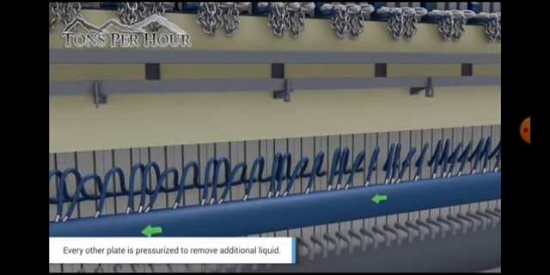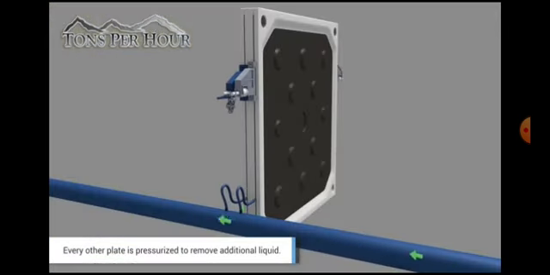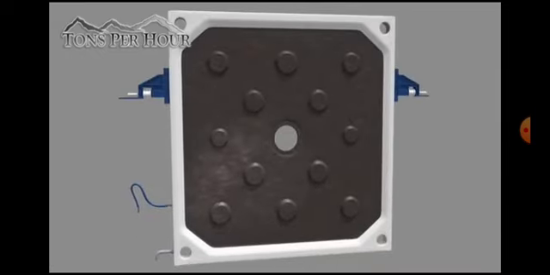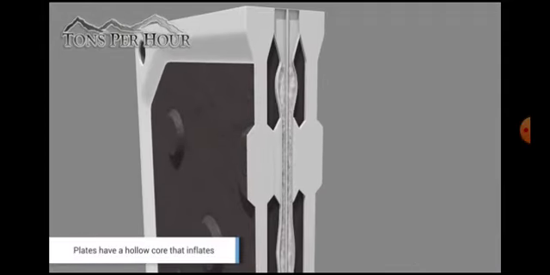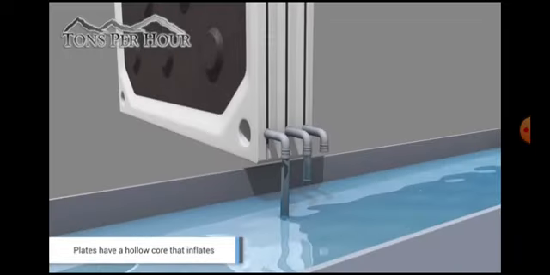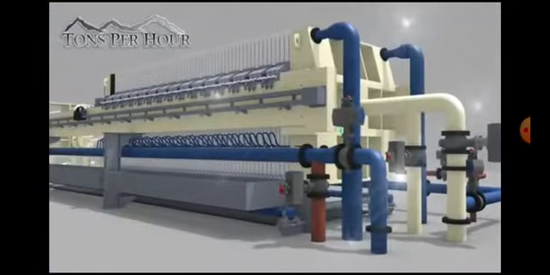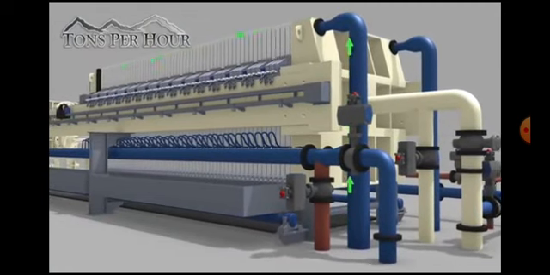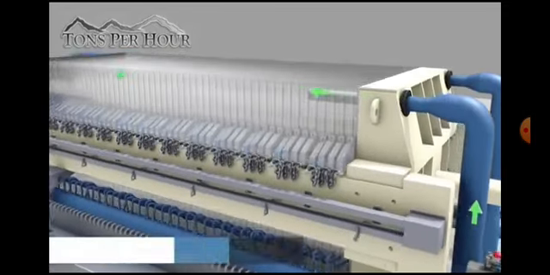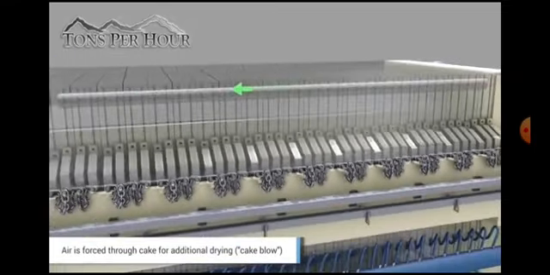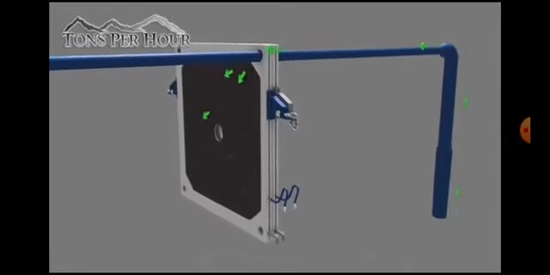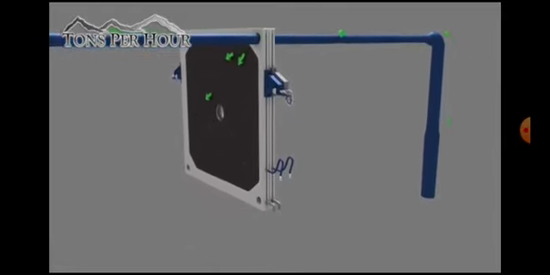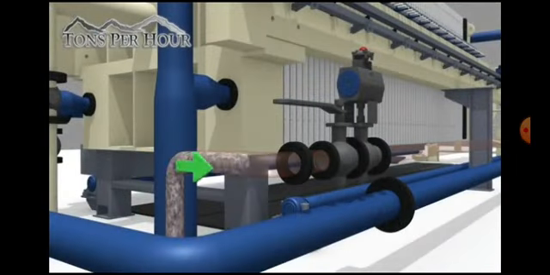This is the filtrate which is being collected. So this is a single plate frame. You can see alternate plate frames, and between plates there is a hollow core that inflates, and that is the collection system. So this is how the liquid flows. Air is allowed to pass through in order to loosen the cake. So this is how the liquid is allowed to flow inside.